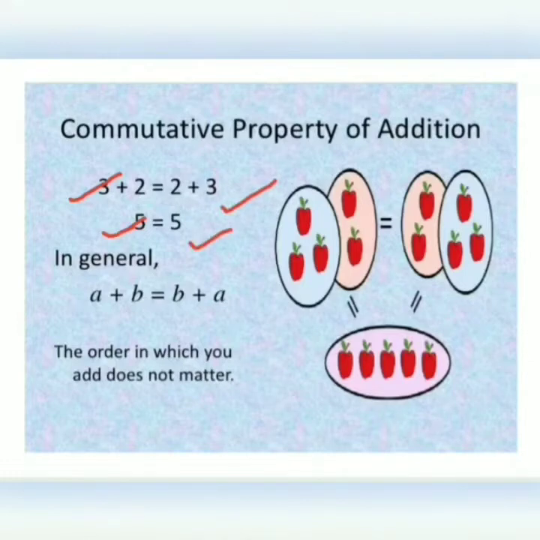So with the help of this example, we get to know that a plus b is equal to b plus a. It means the order in which we add doesn't matter. The result will be the same.